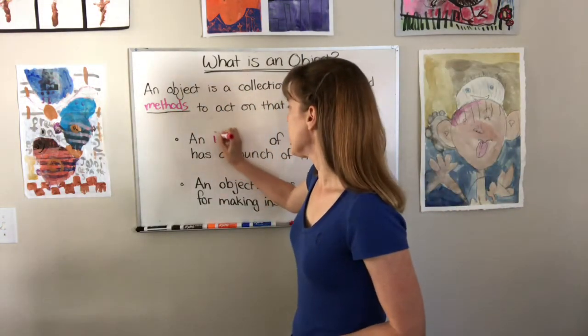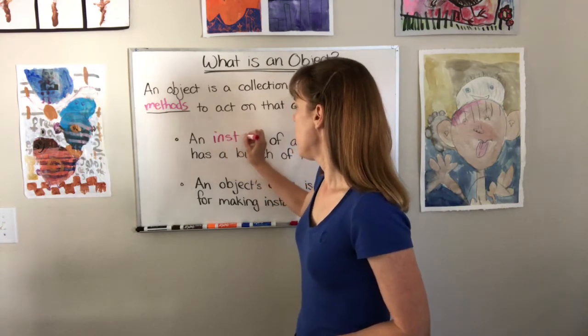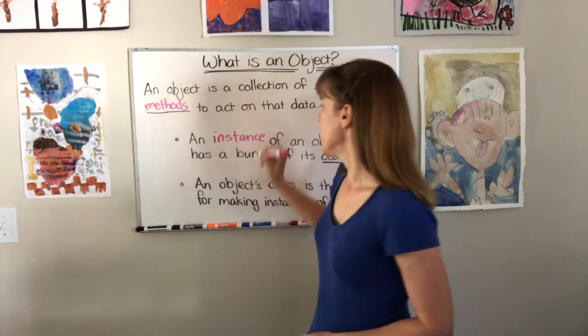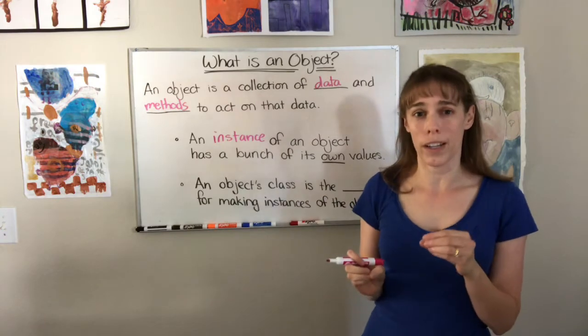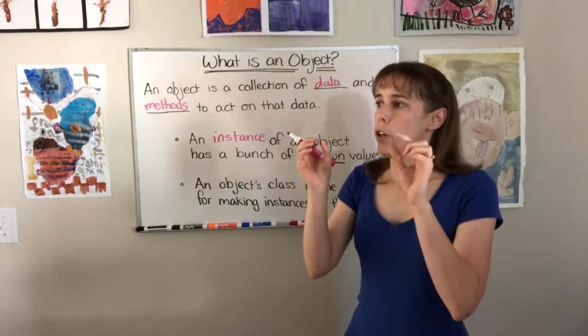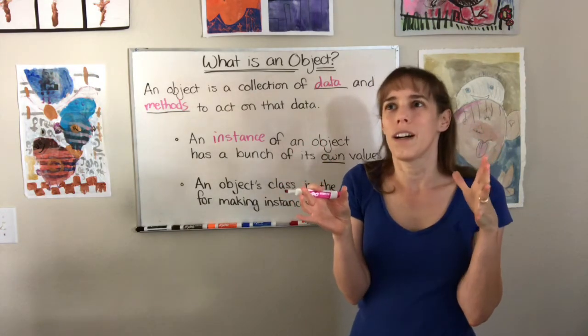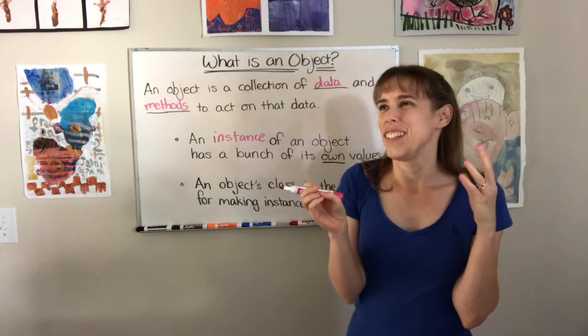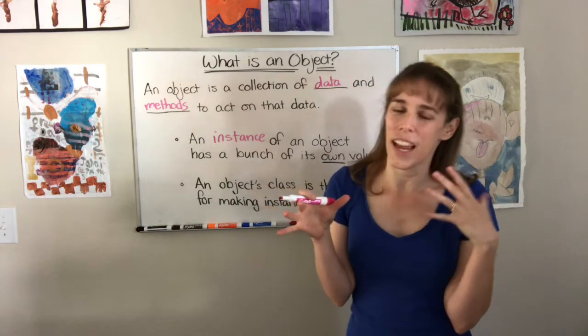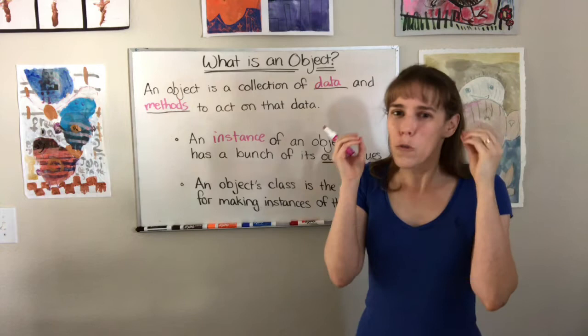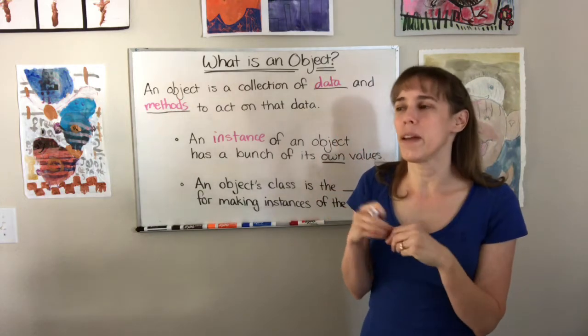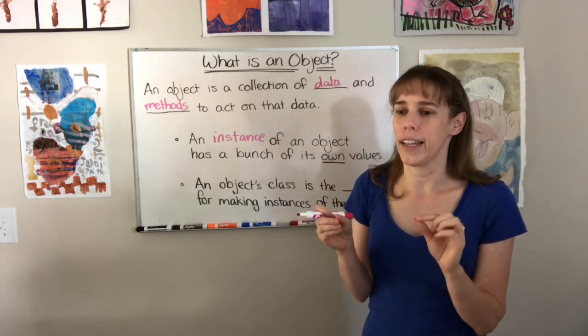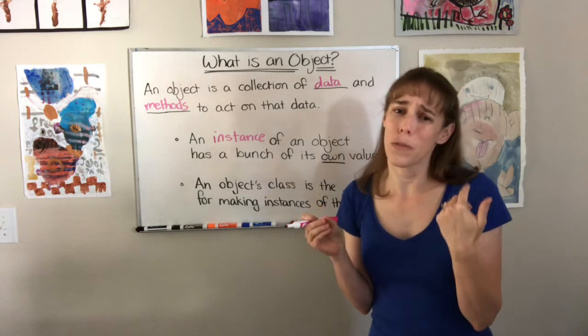An instance of an object. That's like when we made a new Jabberwock, one that had 9-inch claws and super flaming eyes, and then we made another one that only had 1-inch claws and no flames in its eyes.